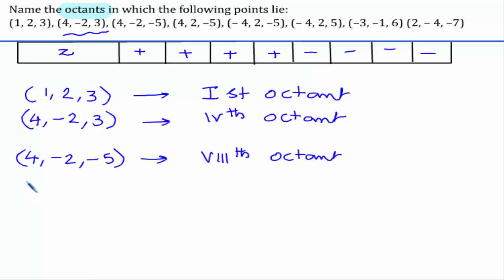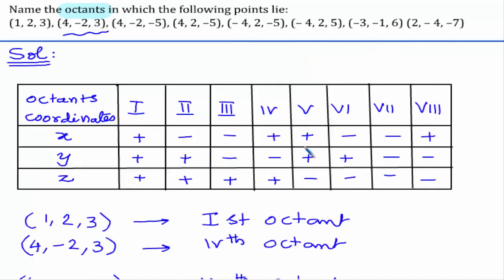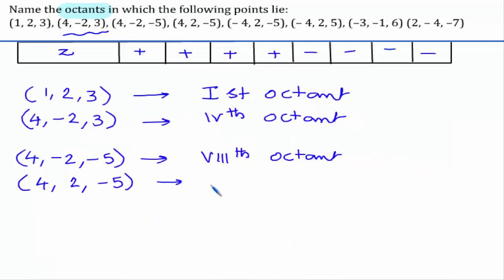And the next one is (4, 2, -5). That is, x and y are positive and z is negative, which is the 5th octant. And the next is (-4, 2, -5).